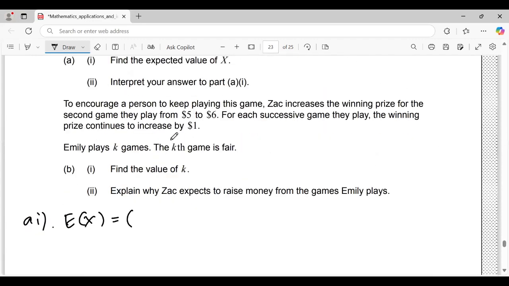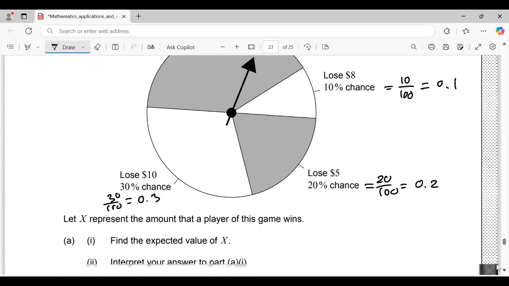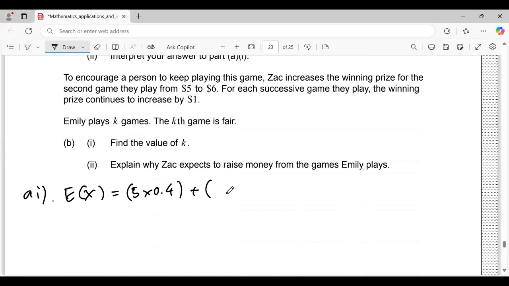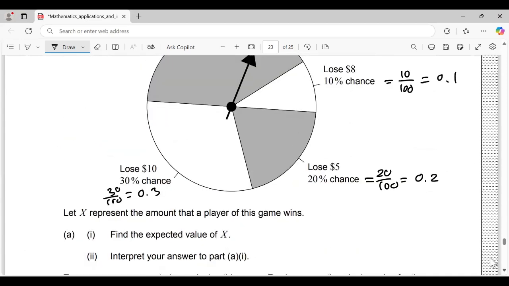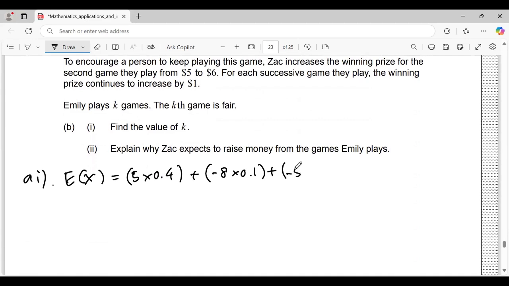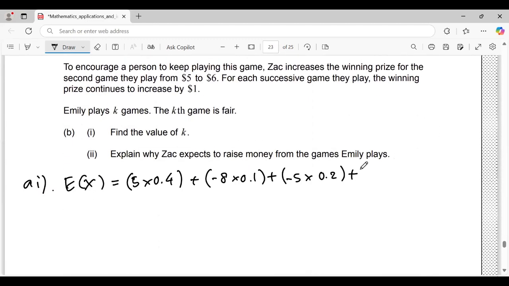So the expectation is 5 times 0.4 for the win, plus 8 times 0.1, but it is a loss, so minus 8 times 0.1, then another loss, minus 5 times 0.2, and another loss, minus 10 times 0.3.